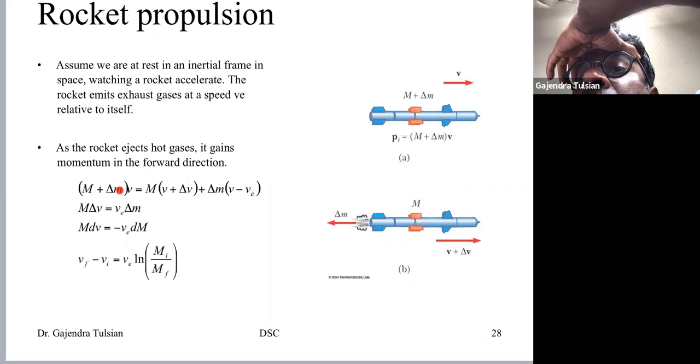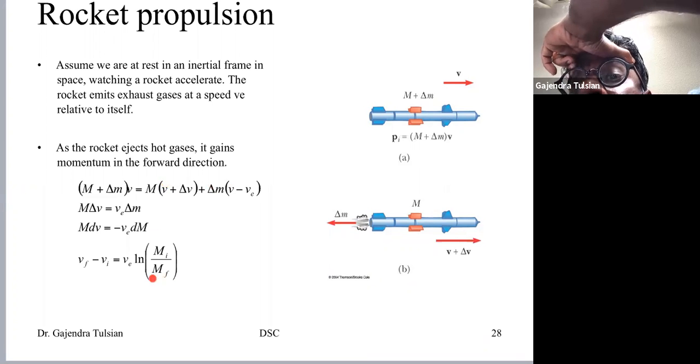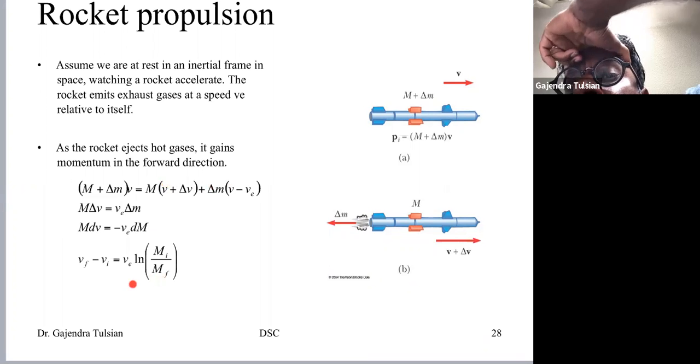There's the initial momentum, there's the momentum of the rocket, which has sped up by a small amount, and this is the momentum of the hot gases. That's how much gas was exhausted. That was the initial velocity of the rocket, and that was the exhaust velocity. So this is the momentum of the exhaust gases. You can go through these equations, and this is the final result you arrive at.